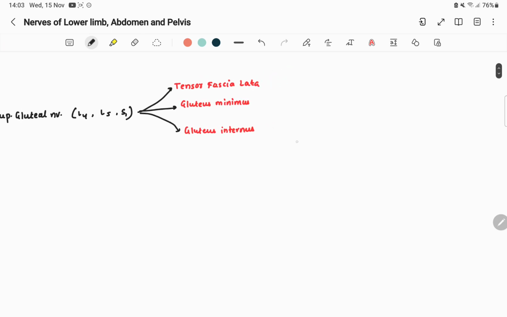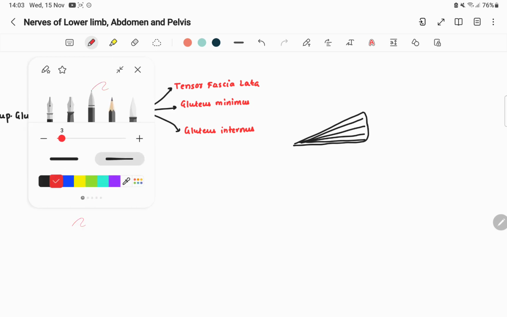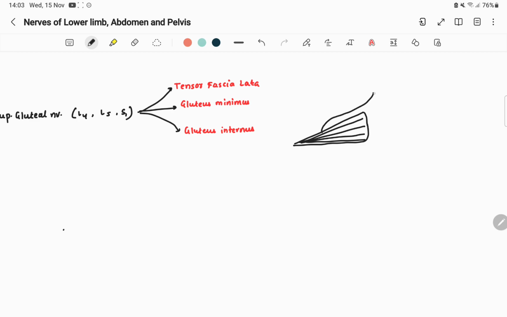It is shaped like this. From above the piriformis there is the origin of the superior gluteal nerve and vessels, and below the piriformis you will observe the arising of the inferior gluteal nerve and vessels.